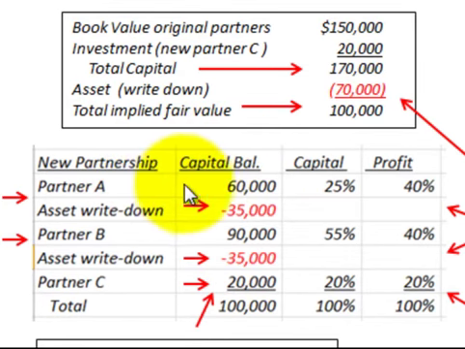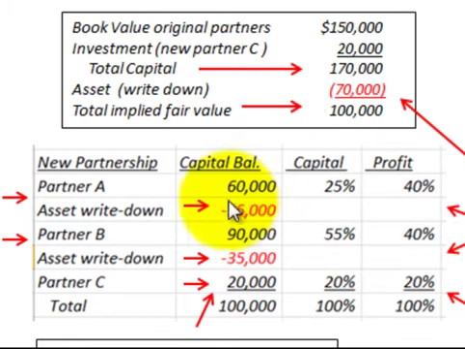Now, partner A originally had a capital balance of $60,000 before the admission of partner C, the new partner. So we had this asset write-down of $35,000 that we calculated based on the 50-50 ratio, and how we would split the asset write-down between partner A and partner B. So their partnership capital balance here would be reduced by $35,000.